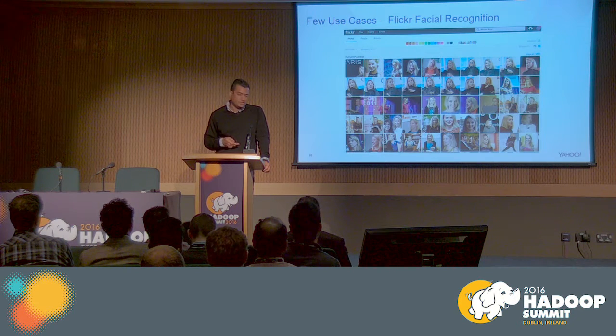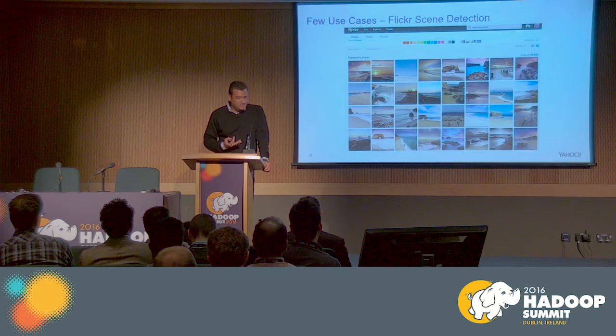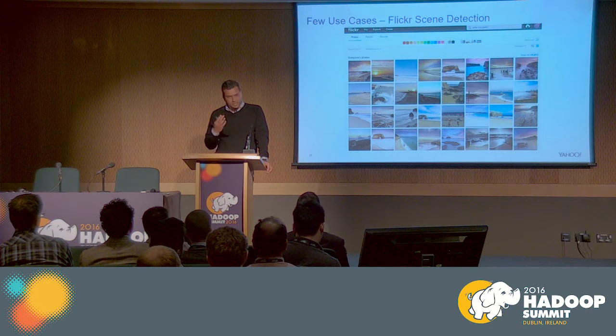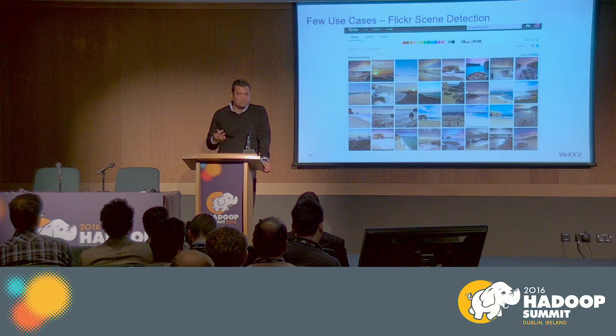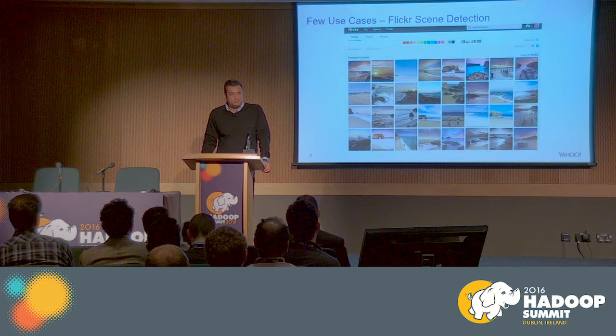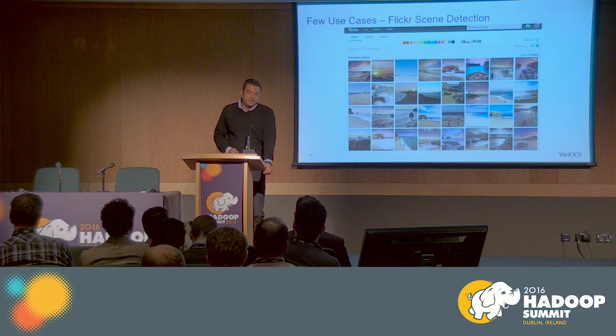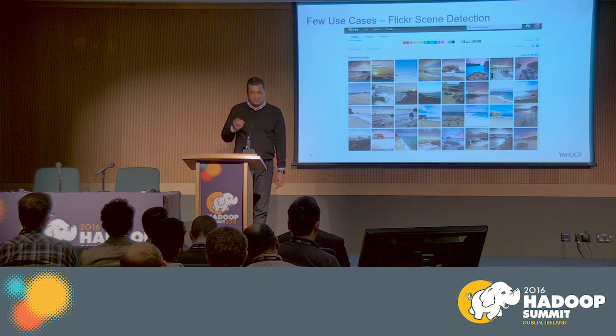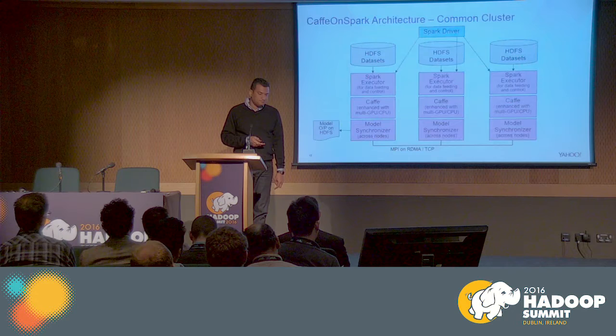So deep learning is really good for that. This is scene detection, another good use case. We have lots of other use cases just within Flickr, like beauty detection. These pictures are deemed beautiful by the algorithm. Tagging is a good use case. This is elephant, this is cat, this is mouse. The machine recognizes that. And after a while, it becomes really good at predicting what it is.